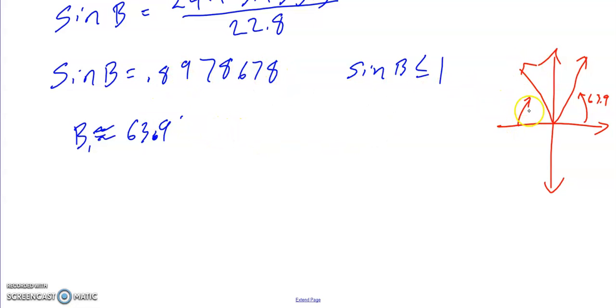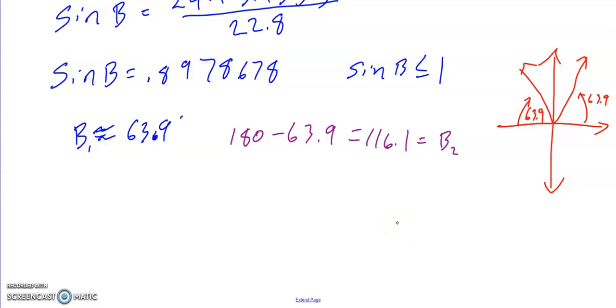That would be if this reference angle was also 63.9 degrees. So to find that angle, I'm going to do 180, because we are up from that, subtract 63.9, and we get a value of 116.1. So that could be my potential second angle.